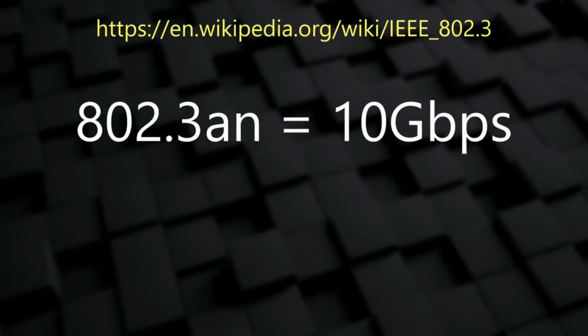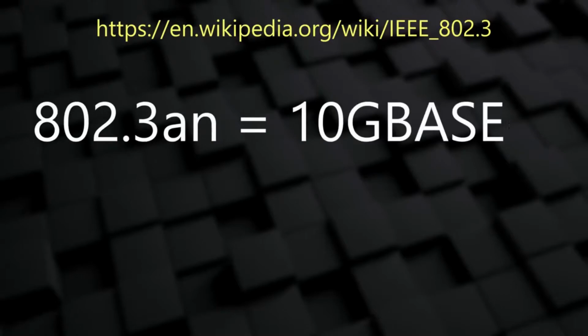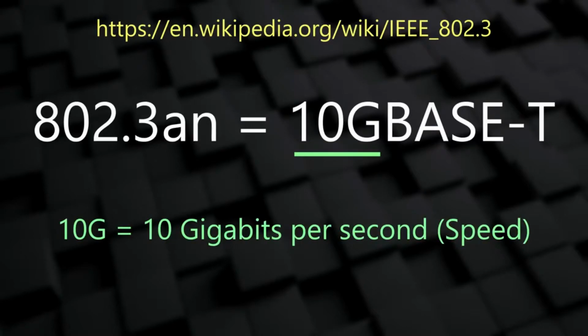Codes like 802.3an can be tricky to remember. So each of these physical standards has a friendly name, which is a bit easier to understand. For example, 802.3an is also known as 10GBASE-T. This gives us a bit of a hint about what the standard is. The 10G refers to the speed of the connection. In this case, it is 10 gigabits per second.